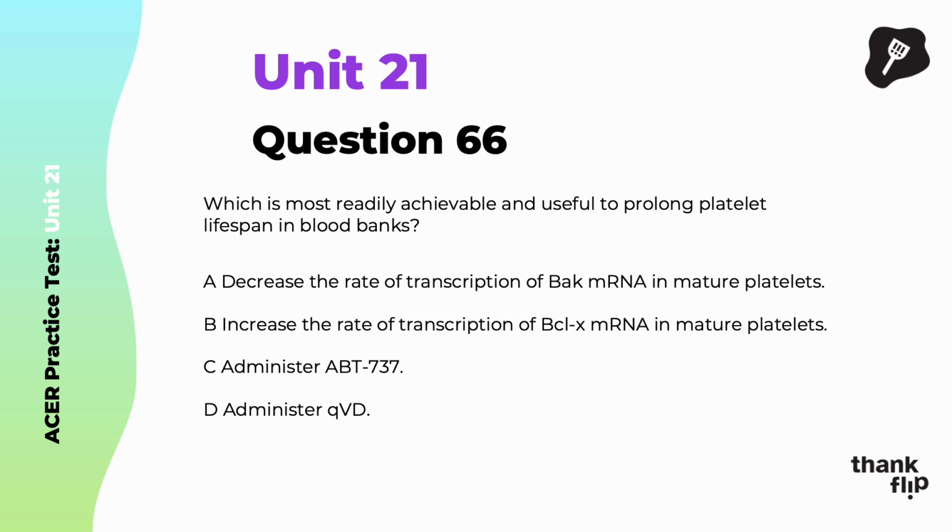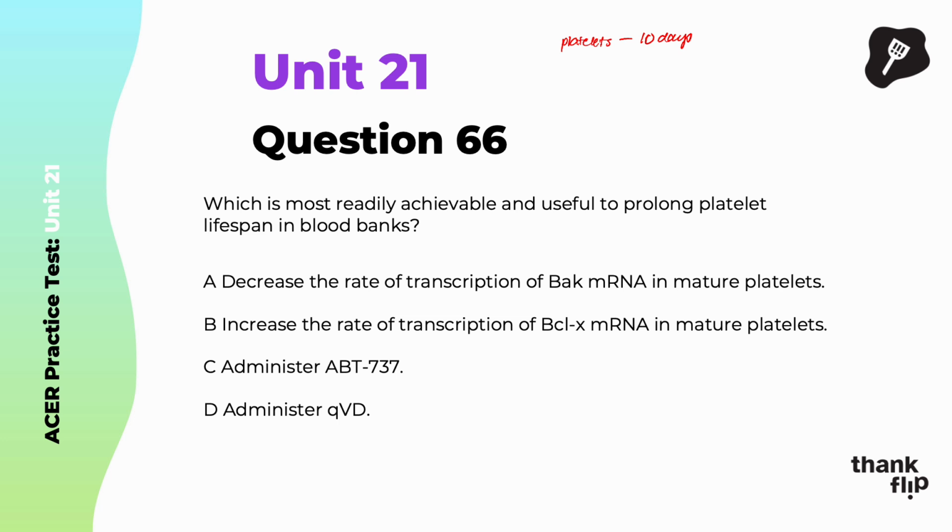So starting off with paragraph 1, the important information that I'm seeing here is that they circulate for 10 days in humans, and then they're cleared up by the reticular endothelial system. And then in the second paragraph, we have some information about some proteins.